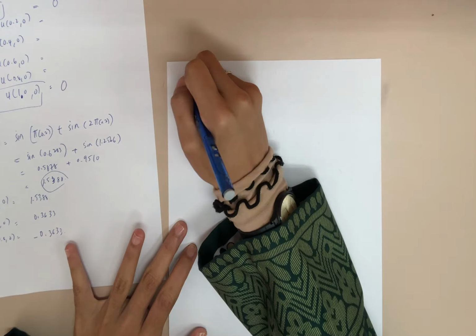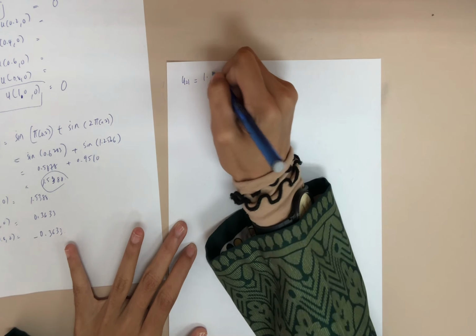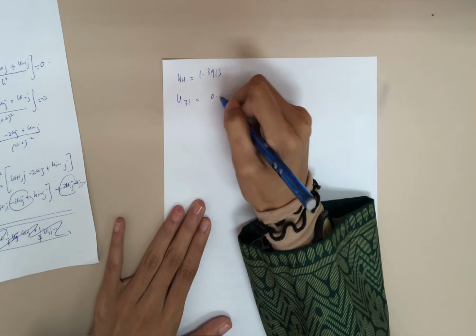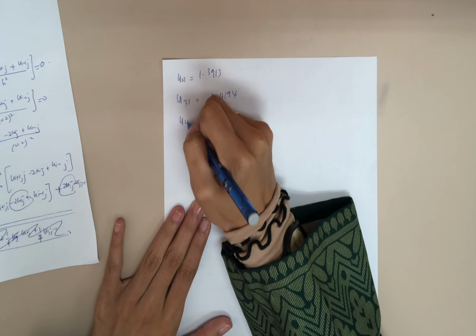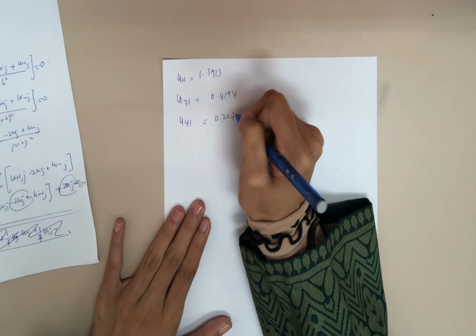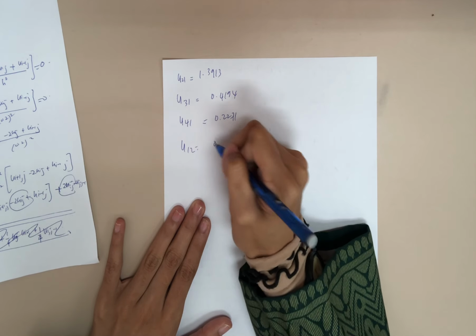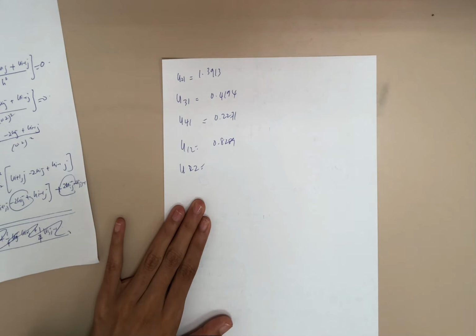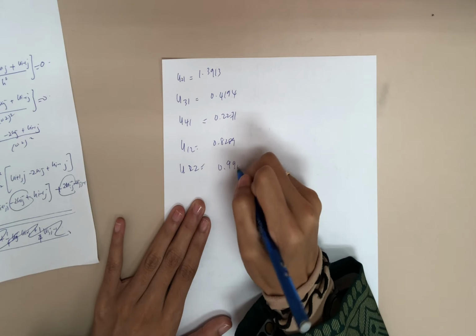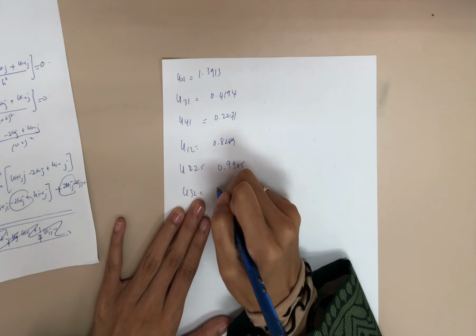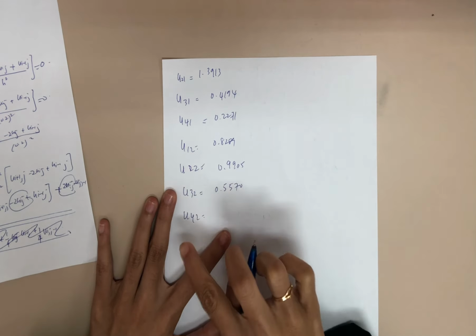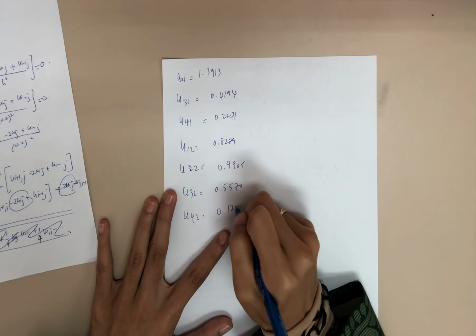So just now was u11, so this is u21, and then we have u21, u31. u31 is equal to 0.4194, and then u41 is 0.2271, and then u12 is 0.8289, u22 is equal to 0.9905, u32 is equal to 0.5570, and the last one is u42, 0.1277.